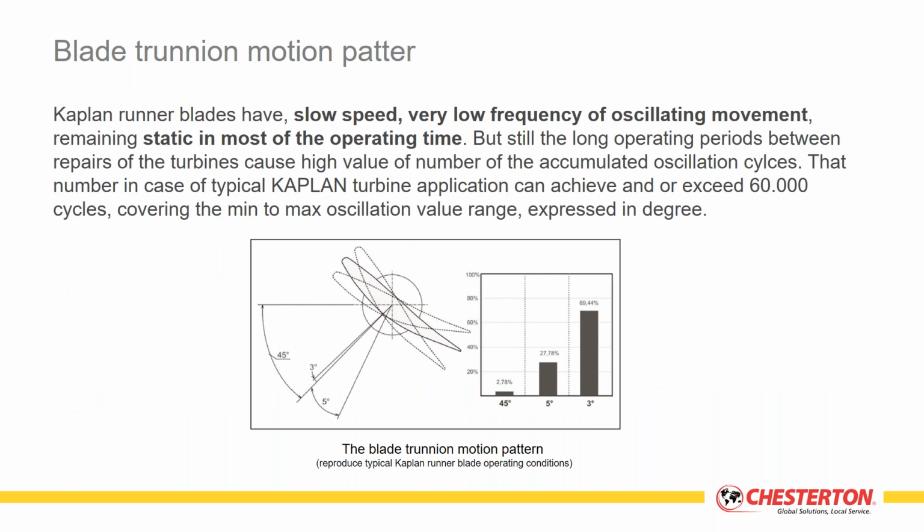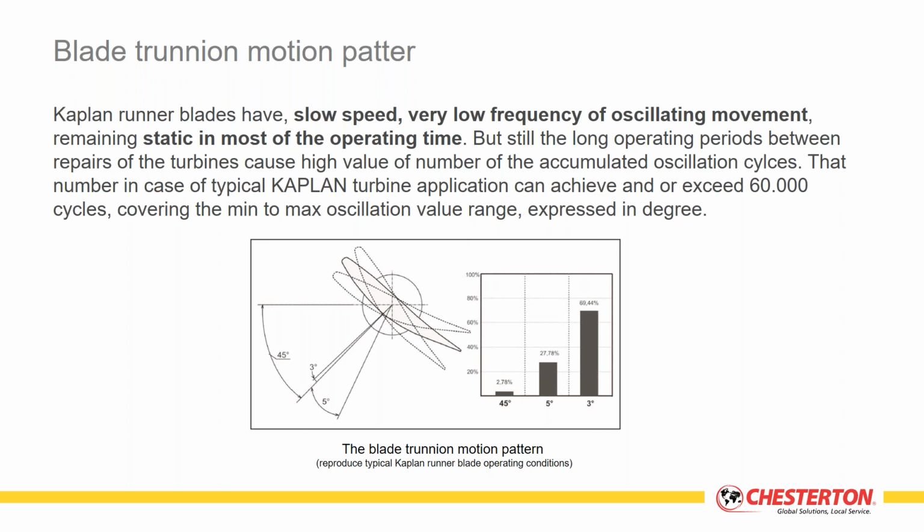Before we move to the discussion about the sealing, let me give you a very short overview of the runner blade motion pattern, because it is very important to understand what kind of influence this motion pattern has on the sealing and on the sealing technology that is really going to provide the reliable solution.